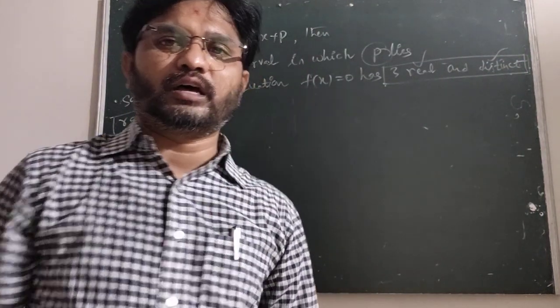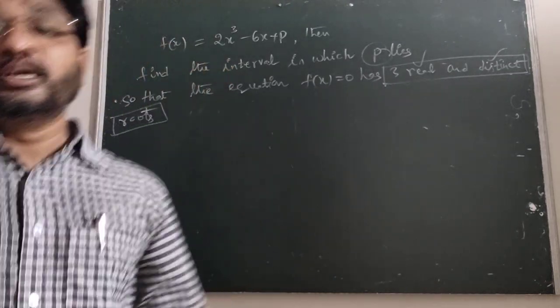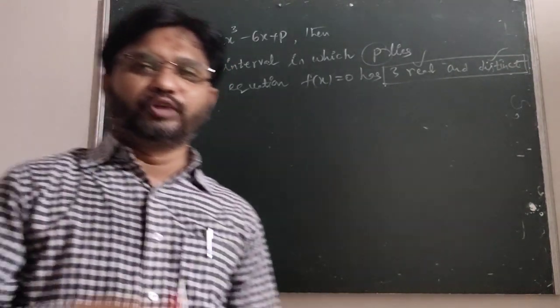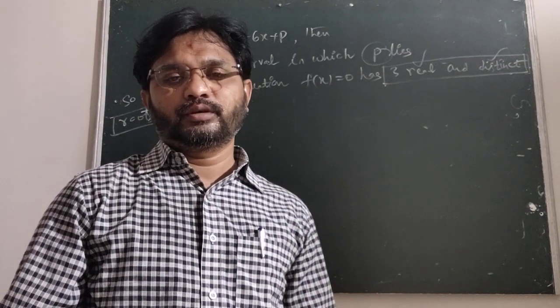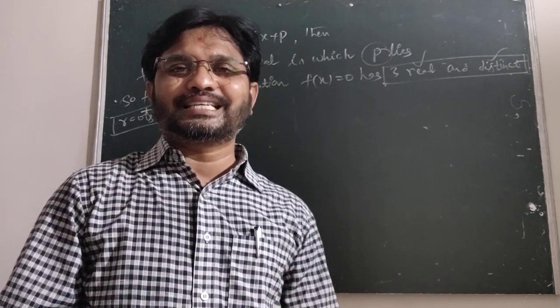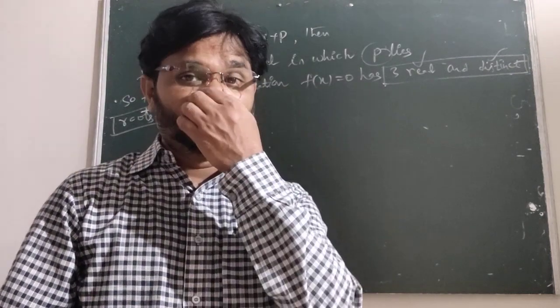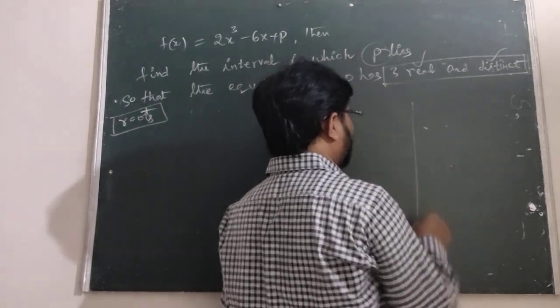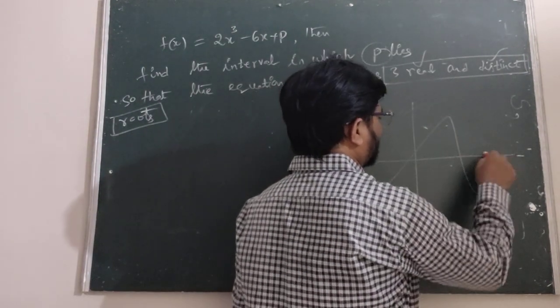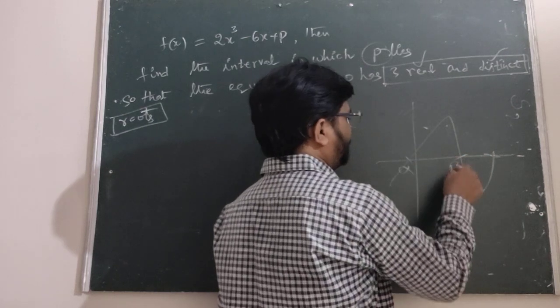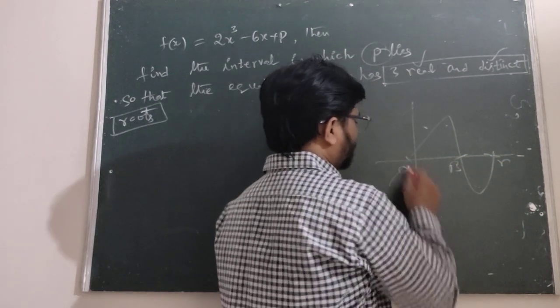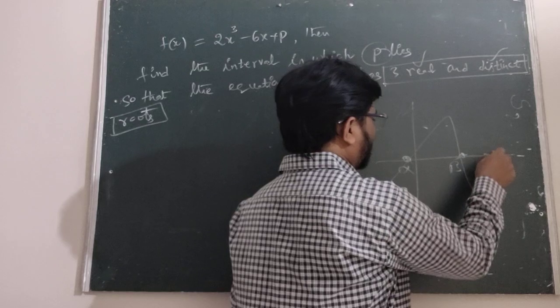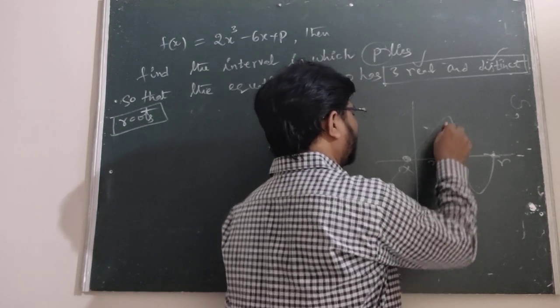We know the nature of the cubic equation: if the cubic equation has three real and distinct roots, the condition must be as follows. This is alpha, beta, gamma.